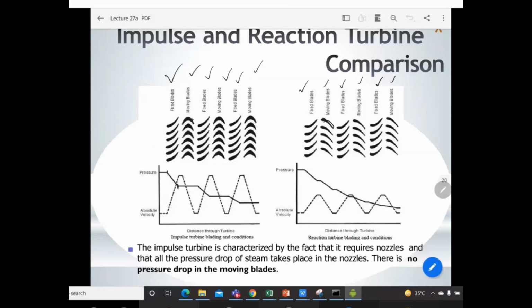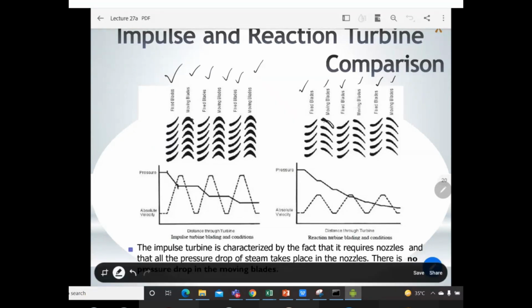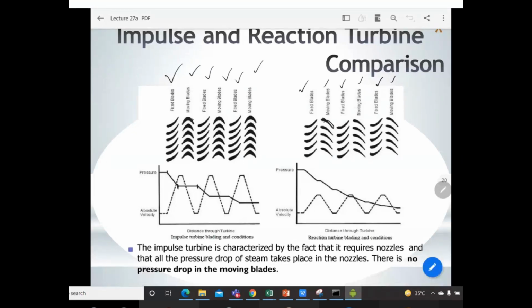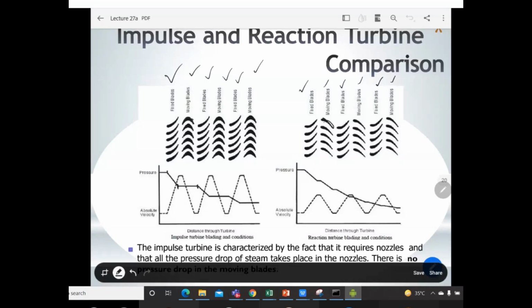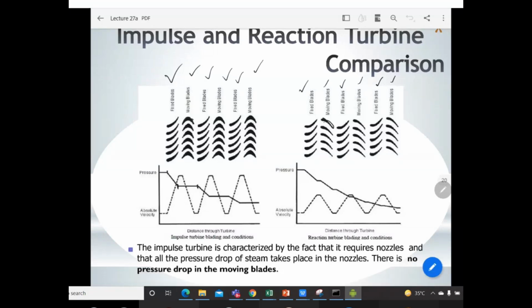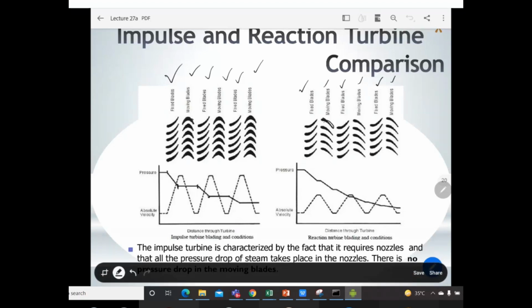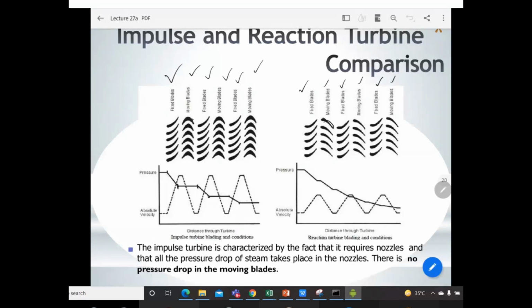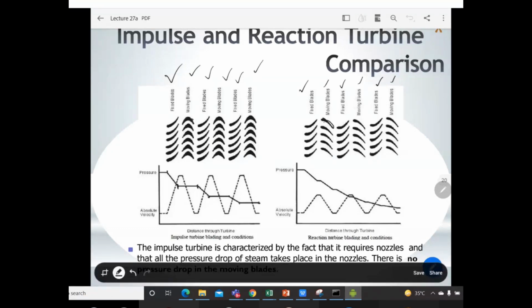So the pressure decreases, then as it moves through the moving blade section, the pressure remains constant in the case of the impulse turbine. Then again there is a fixed blade, so pressure again decreases, then it's again constant through the moving blade, again decreases, and then again constant for the moving blade section in the case of the impulse turbine.